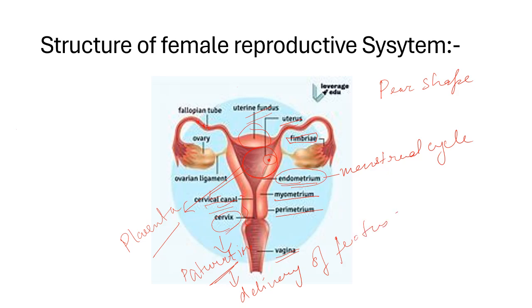During delivery, this acts as an elastic structure that stretches to deliver the fetus. Then we'll see the external genitalia, that is the vagina.